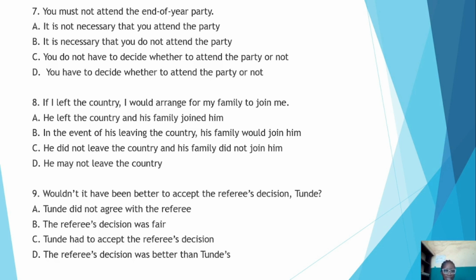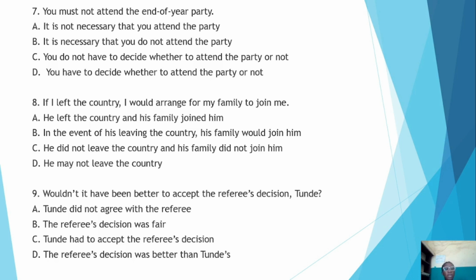We were not told that in this sentence. You also cannot choose option D. He may not leave the country when it's not a curse. No. So we are sticking to what we've been given. If I left the country, I would arrange for my family to join me. Simply means in the event of his leaving the country, his family would join him.